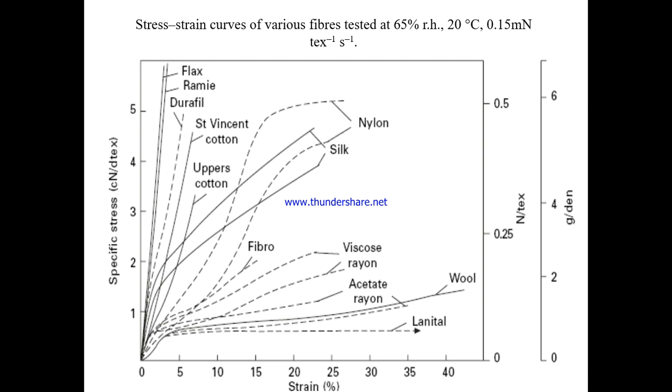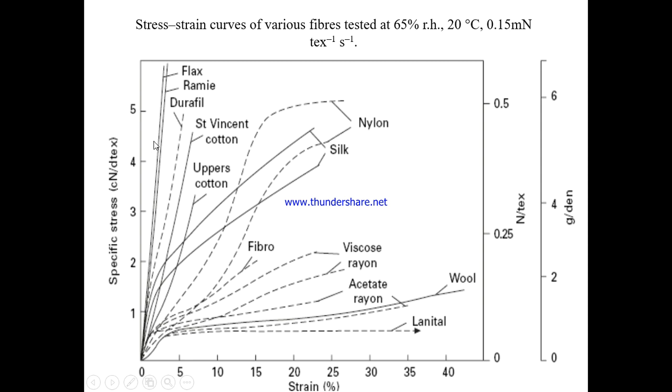This is another graph of specific stress versus strain accounting for more textile fibers. Here also you can see the bast fibers such as flax, ramie have an inclination towards the specific stress.